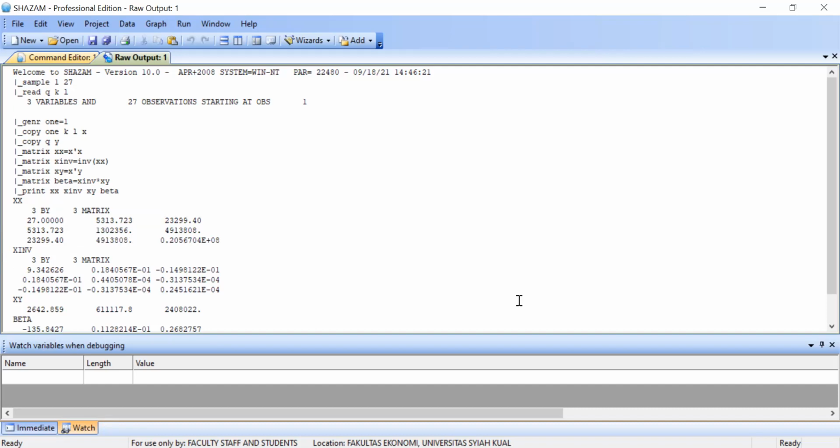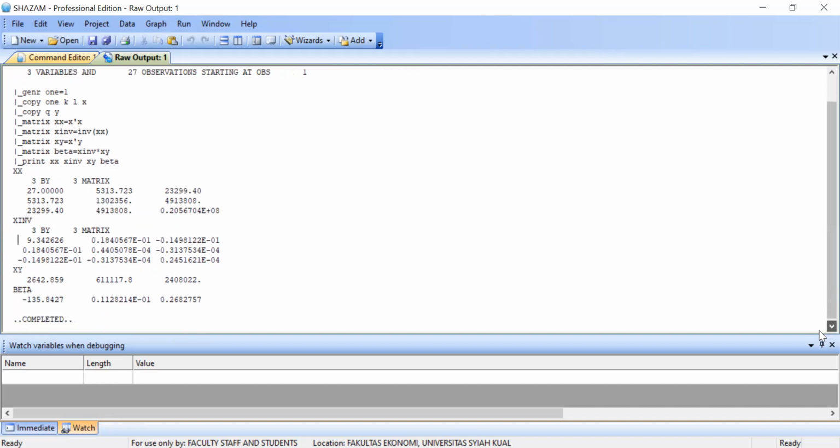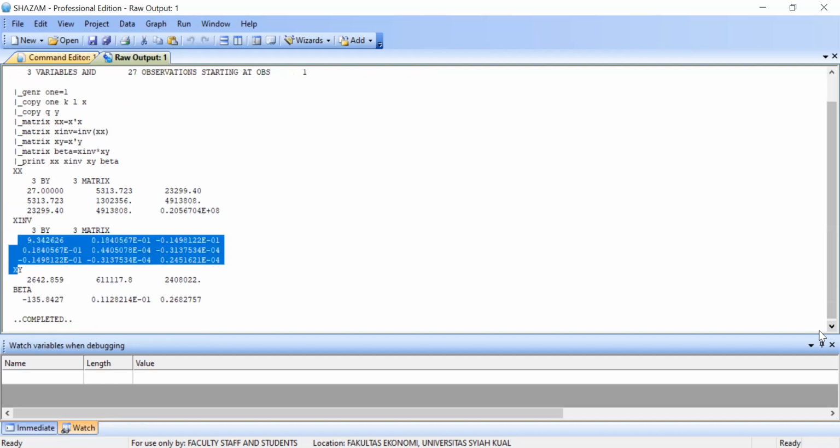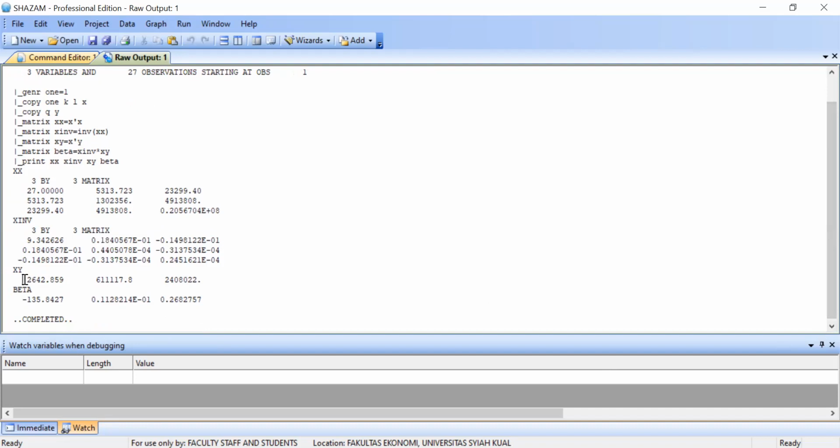This one is X prime X inverse, and then we have X prime Y. We multiply X prime X inverse with X prime Y, we get the betas. This is the value of betas. Beta 1 is minus 135 something.